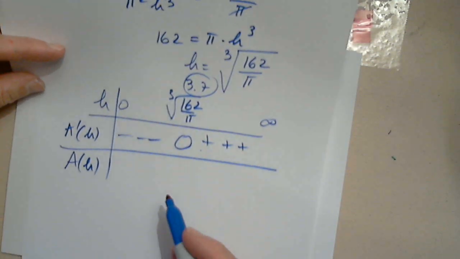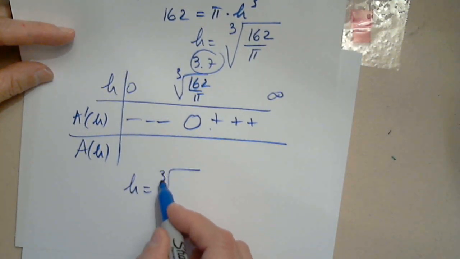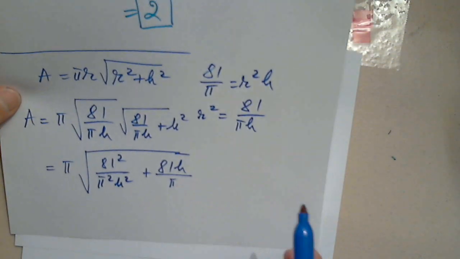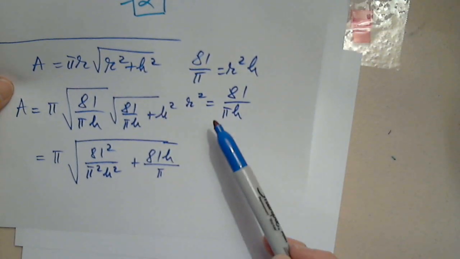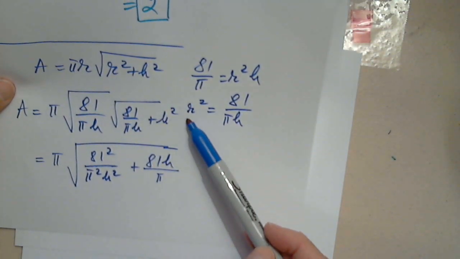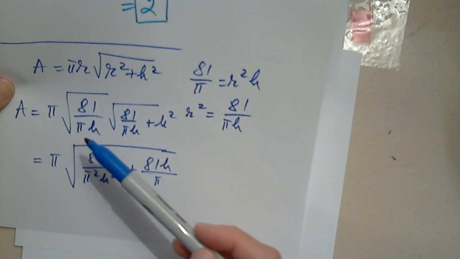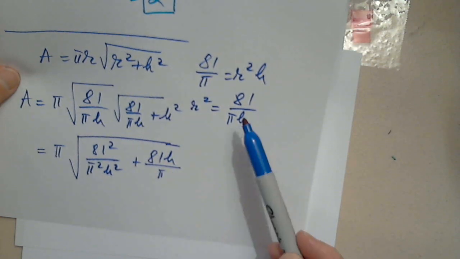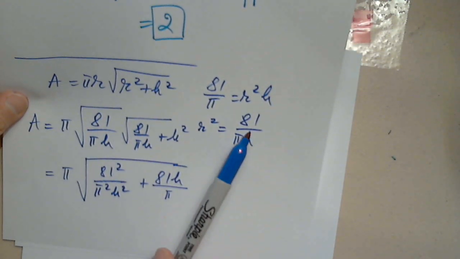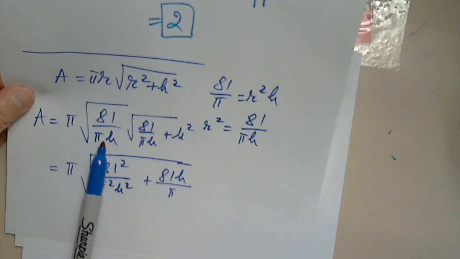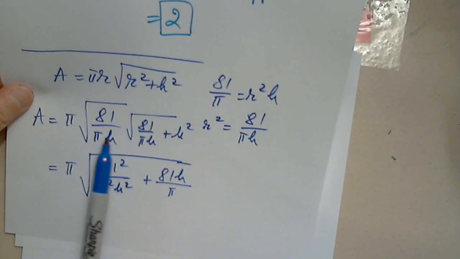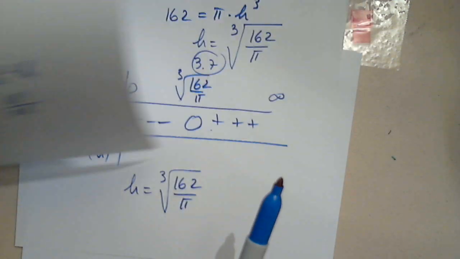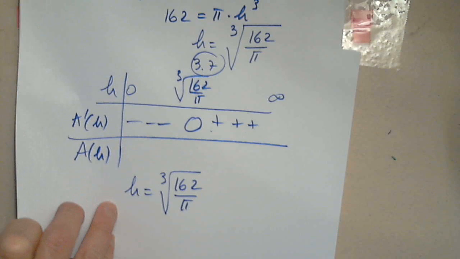So when h equals the cube root of 162 over pi, I don't know if you saw what I did. I thought all of a sudden that maybe if I replace r squared in terms of h instead of h in terms of r, because I got such a complicated equation. And once you replace r squared by 81 over pi h, you have to take the square root here, you have to replace it here, and then 2 square roots can be multiplied, so I distributed here and here. And then when I differentiated, it was all so much easier.